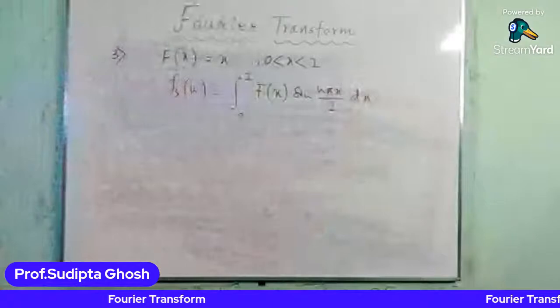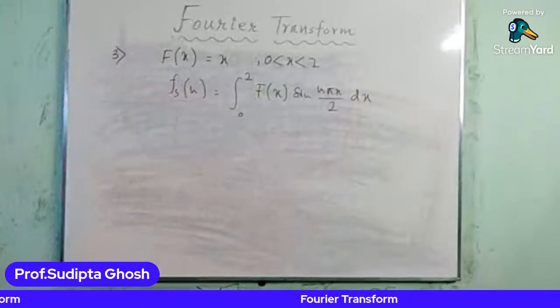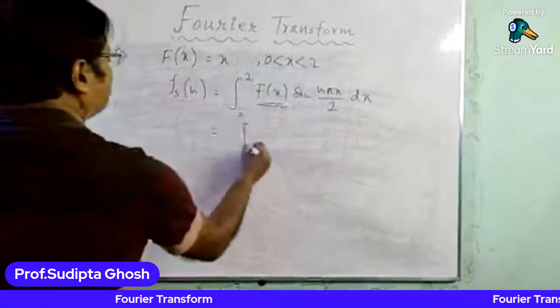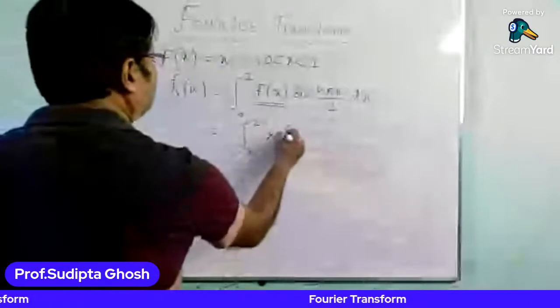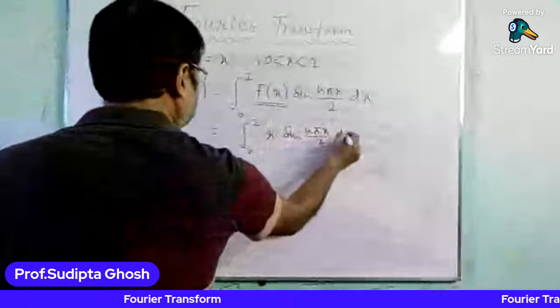Now putting the value of f of x here, it will be integral 0 to 2 x sine(n pi x by 2) dx.